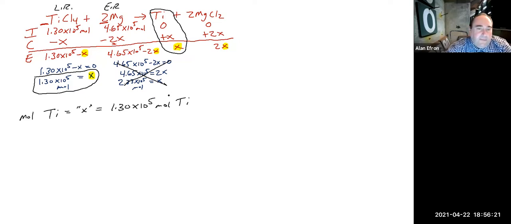We then could use the molar mass from the periodic table of Ti, which was 47.88, to convert those from moles into grams.